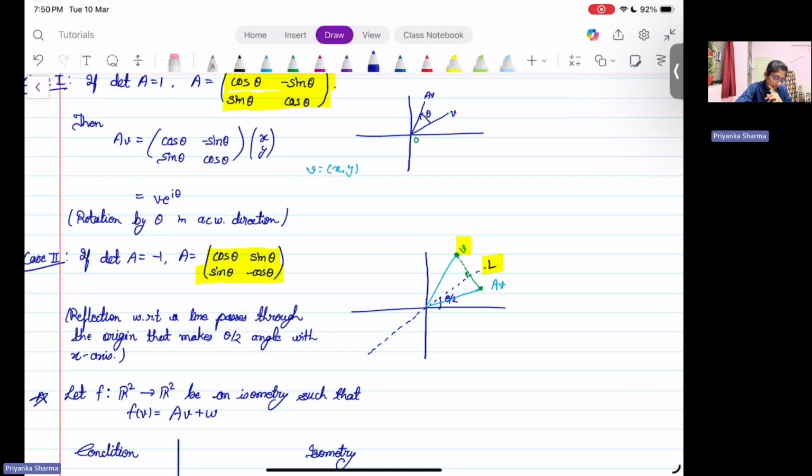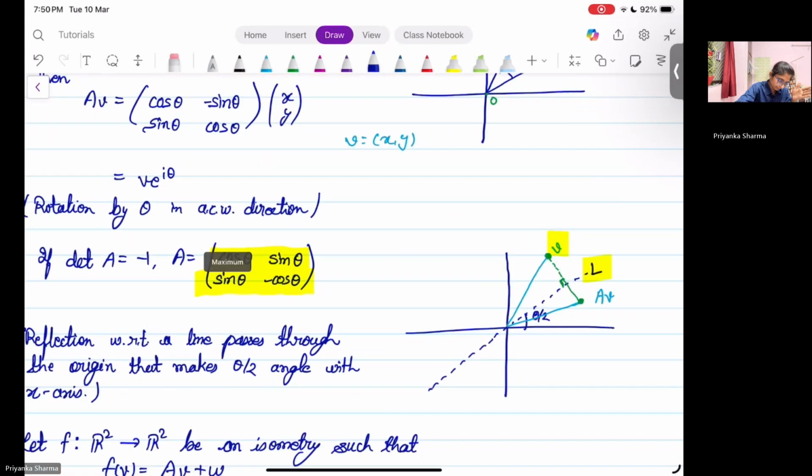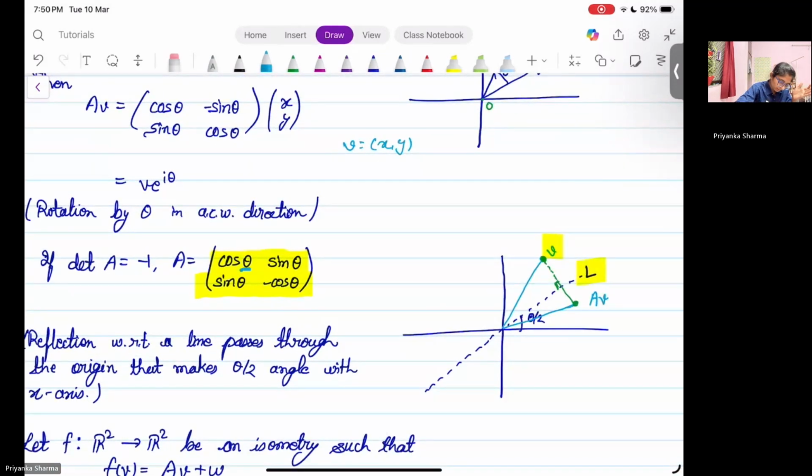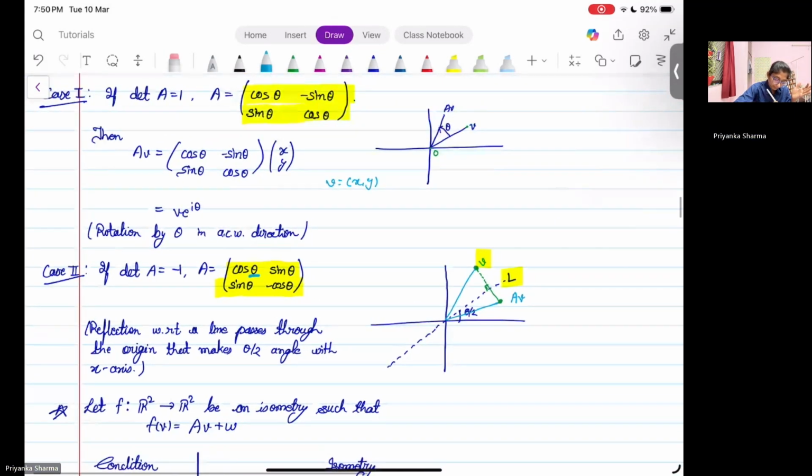Then the reflection will be with respect to the line passing through the origin, and it will make an angle of half of the angle that appears here with the x-axis.